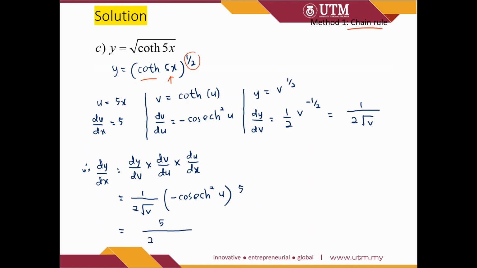So 5 over 2 square root of v, which is coth of u, which is 5x, and then times the negative at the front, csch squared u, which is 5x. So make sure that all the answers must be in terms of x.